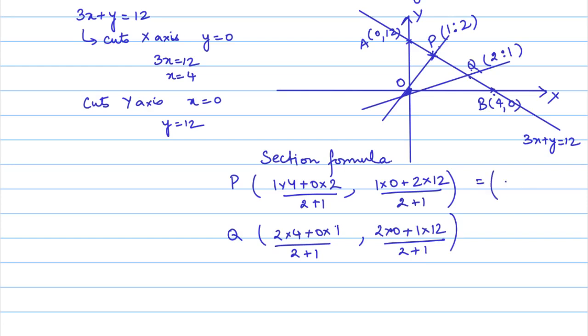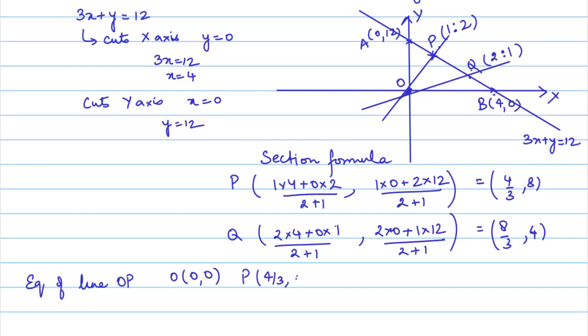So this coordinate comes out to be 4/3, 8, and this would be 8/3, 4. Now, if we want the line through the origin, the equation of line OP is what? Two-point form. O is (0, 0), and P is (4/3, 8).